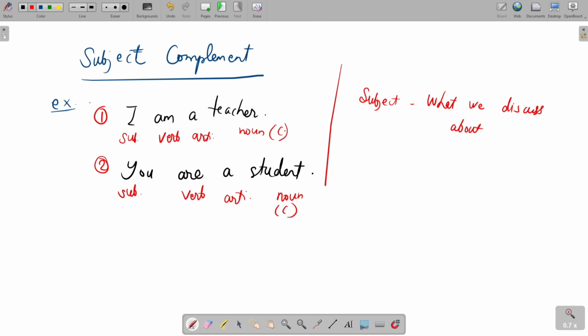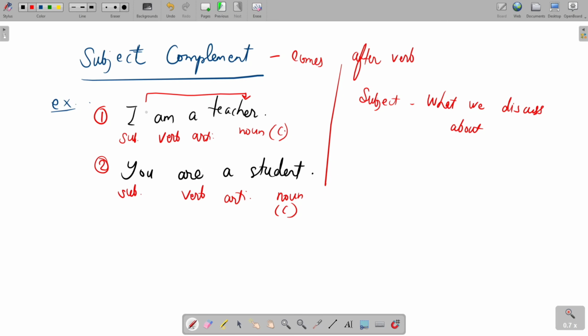So in the definition of subject complement, we can see that if any word which comes after the verb in a sentence, if any word which is coming after the verb in the sentence and it is describing the subject, because here what we are discussing about is I, and we are giving an extra information about I, that I am a teacher.